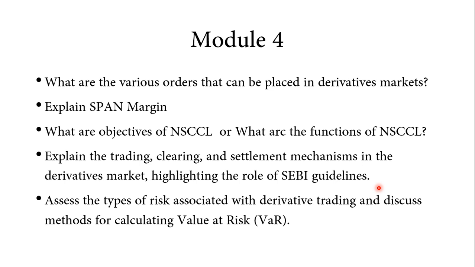Next we have explain the trading, clearing and settlement mechanism in the derivative market, highlighting the role of SEBI guidelines. Next we have assess the types of risk associated with derivative trading and discuss the method for calculating value at risk. These are the first set of questions under module 4. You all can note it down once.